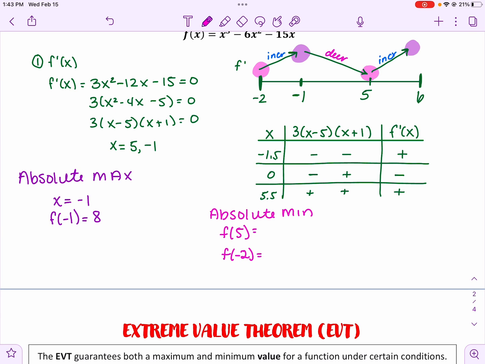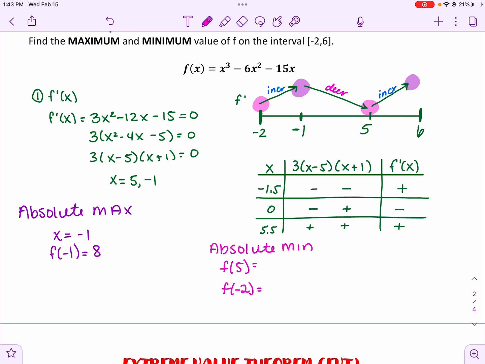So if I take these values, guys, and I plug them into the original function, just going to the calculator to make this go a little quicker and to make sure I don't make any mistakes. We have 5 cubed and we have minus 6 times 5 squared. And then we also have minus 15 times 5, and that is -100.